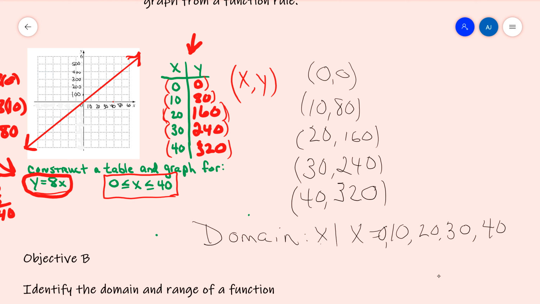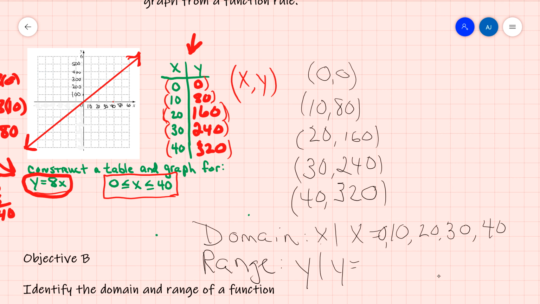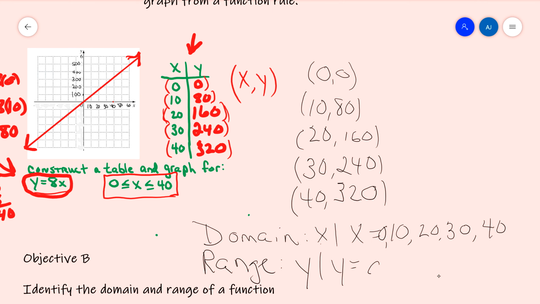You write these from the smallest number to the largest. Consequently, the range, which are the y values, are going to take on y such that y equals, and I'll look at my list of numbers related to the y value, 0, comma, 80, comma, 160, comma, 240, comma, and 320.